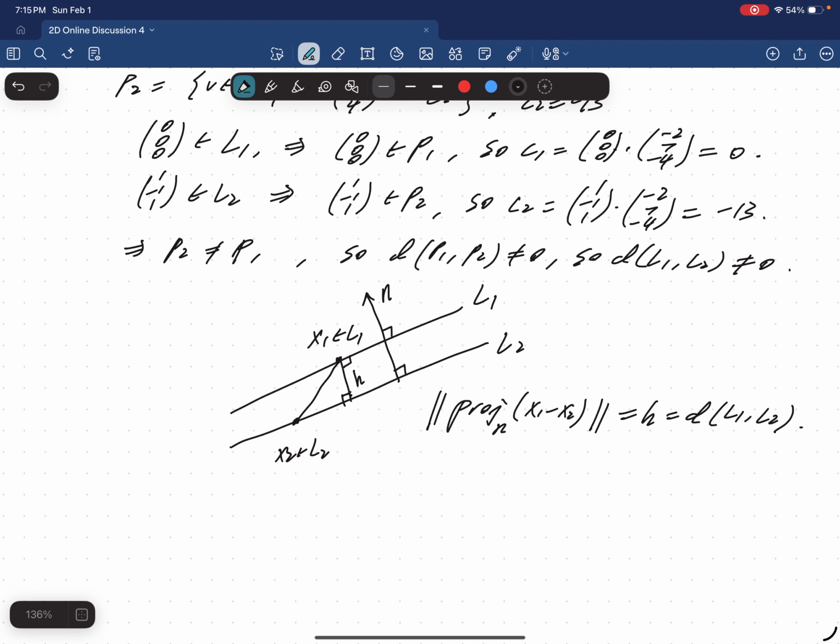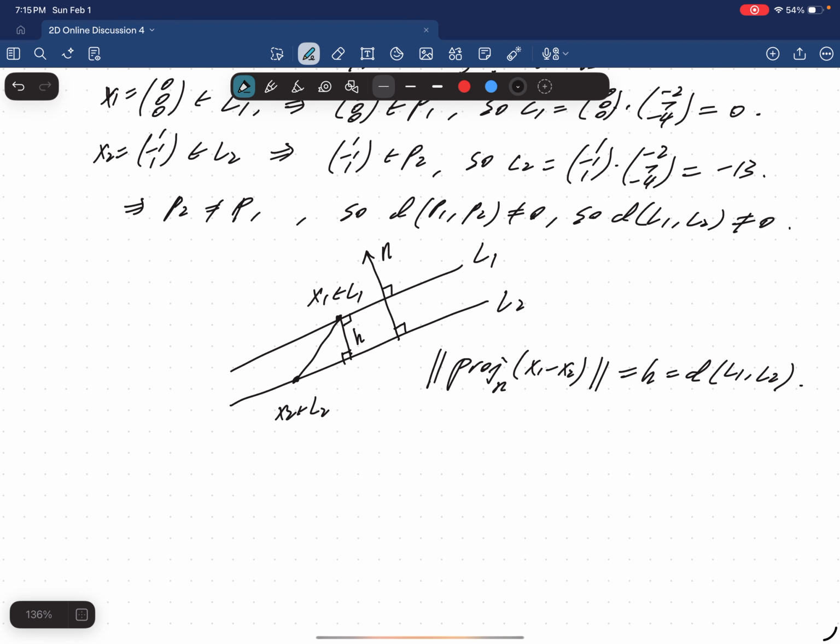So again, I can pick my x1 to be the origin, and x2 to be (1, -1, 1).